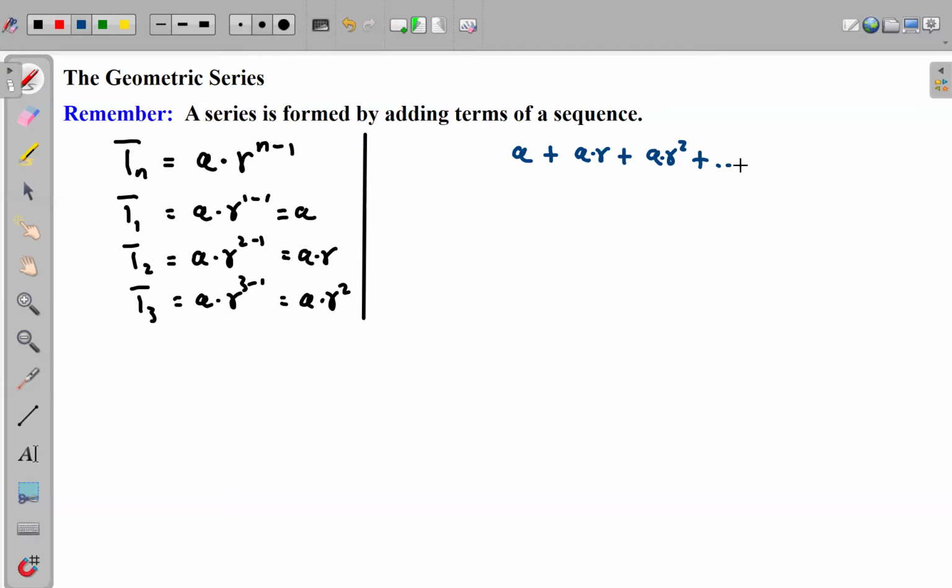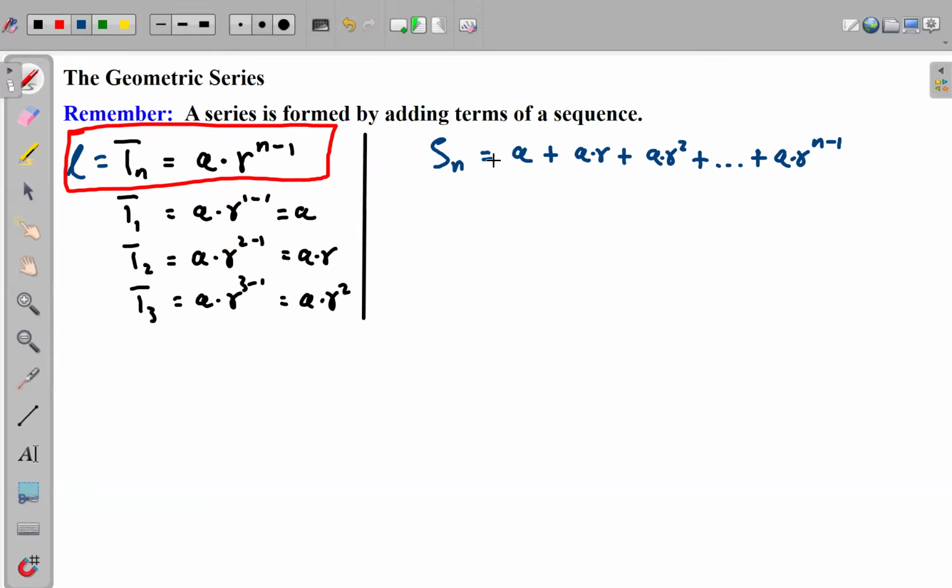But if I do this and so on and on, what is my last term in any sequence? We know by now that the last term is always Tn. So Tn is A times R to the n minus 1. We know this. Please don't forget that principle. Your last term in any series or sequence is always the general term. So let's call this Sn, just like Gauss did. That's my sum, right?